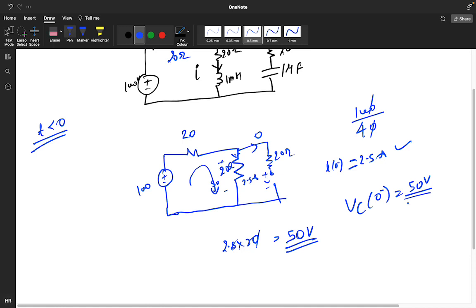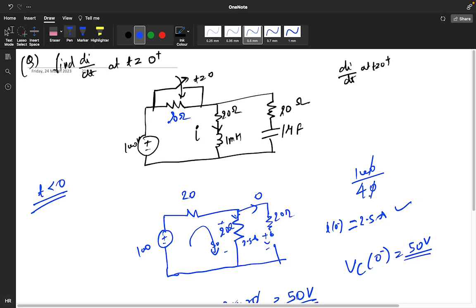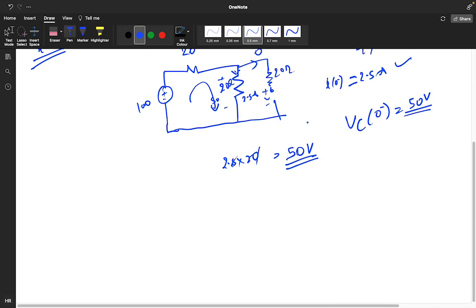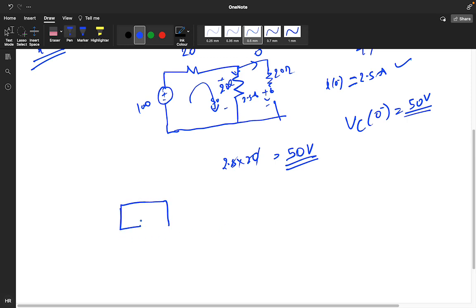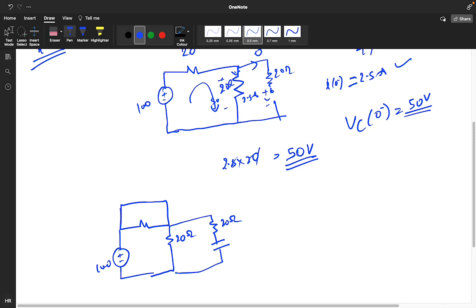So at t equals 0 plus, your circuit is becoming like this: positive negative 100, this is 20 ohm, this particular is your 20 ohm, this is your capacitor.